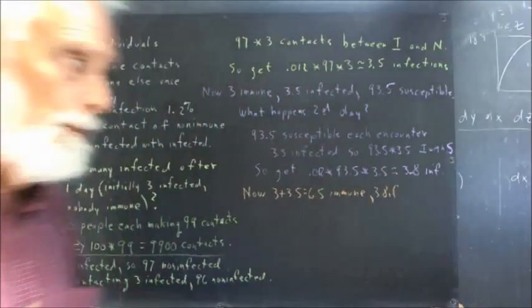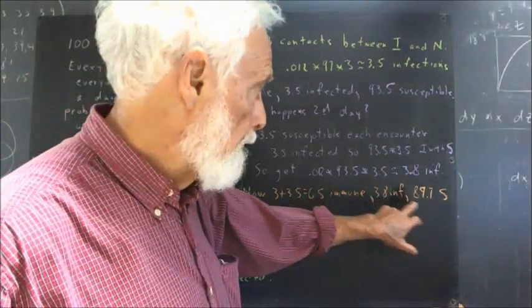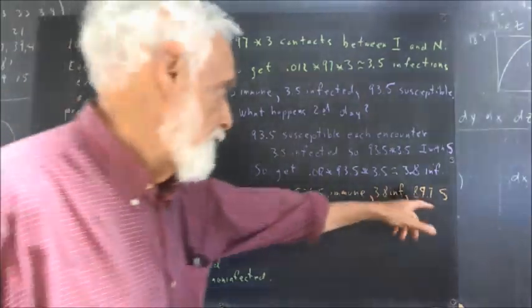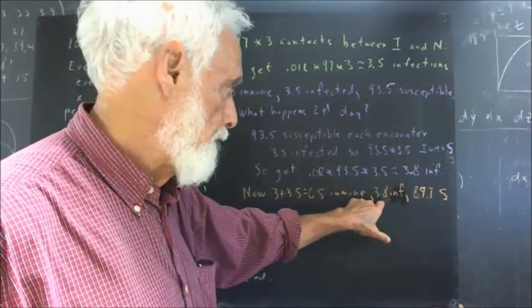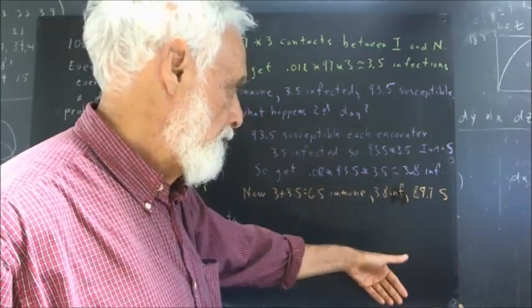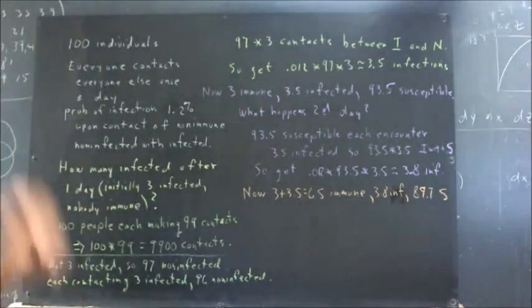Okay, 3.8 infected, 89.7 susceptible. And we get that easily by adding the 6.5 to 3.8, which gives us the number of immune and infected, and then subtract that from 100 to get the number susceptible.